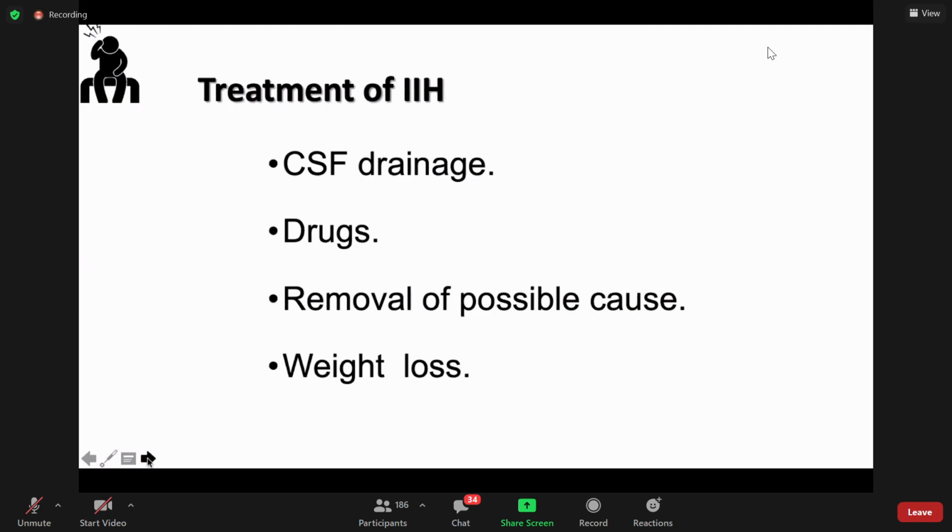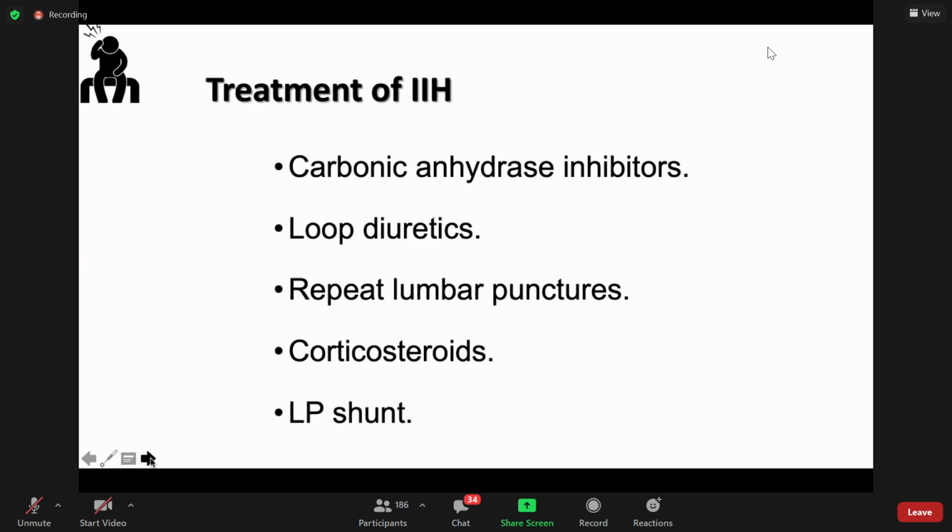possible cause. Some patients may get that because of taking medications such as vitamin A derivatives or tetracyclines. And weight loss, if the patient is overweight, losing 5 kilograms may relieve the intracranial pressure.